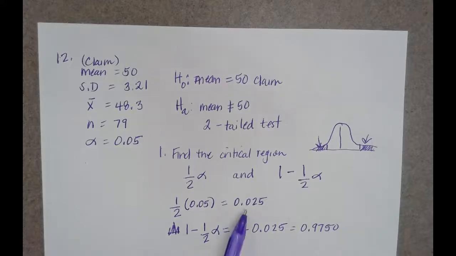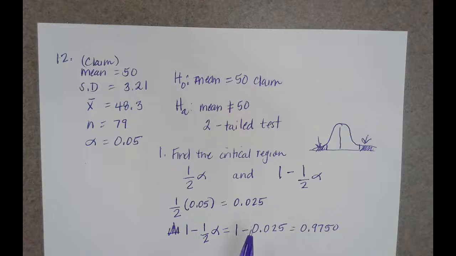So I then take these and I want to find the z-score from my table that corresponds to these values.